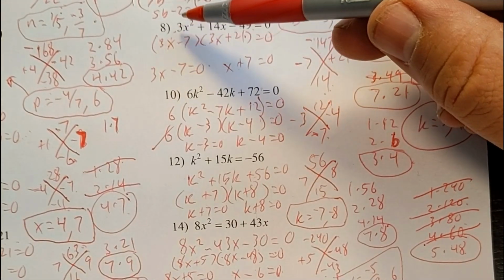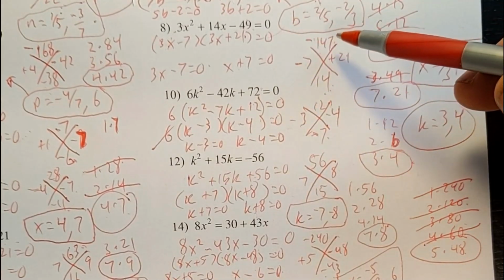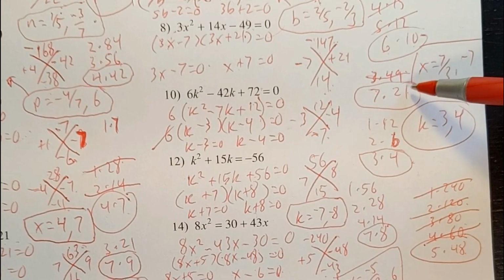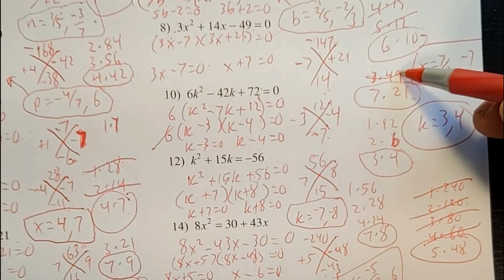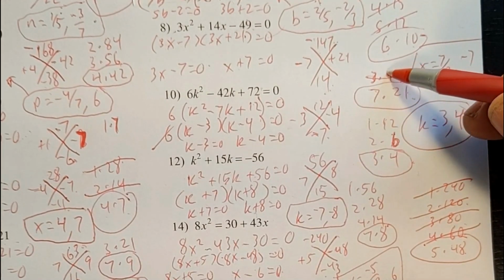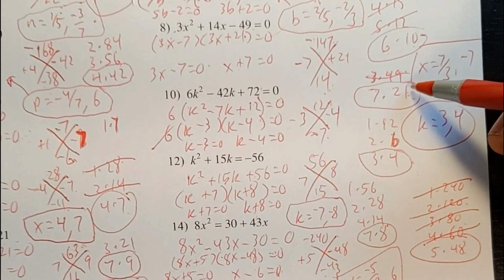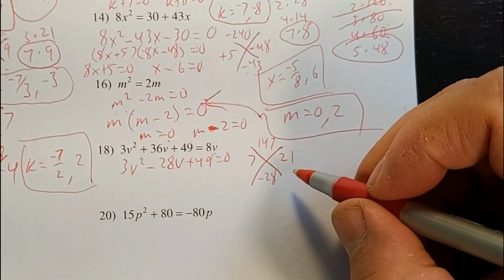Since we already saw on number 8 that the factors of 147 were 3 times 49 and 7 times 21, if you use that, and the signs are supposed to be the same, 3 and 49 would have been 52. 7 plus 21 is going to give us this 28 that we want. So we're going to go ahead and use those same factors, 7 and 21, in problem number 18.